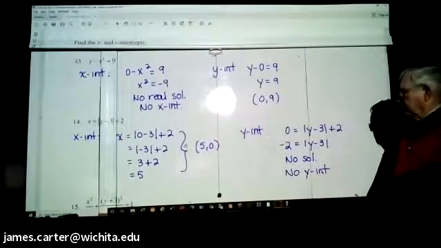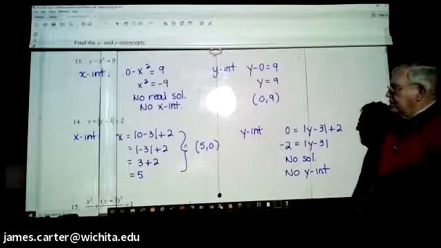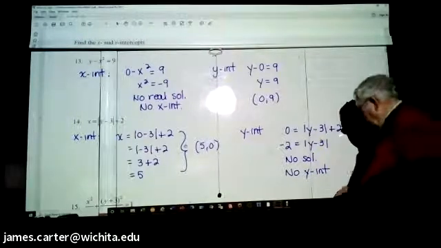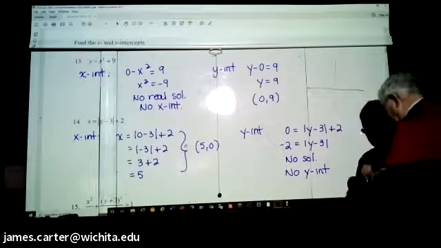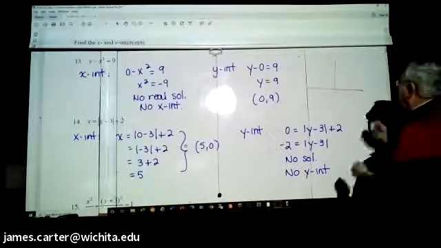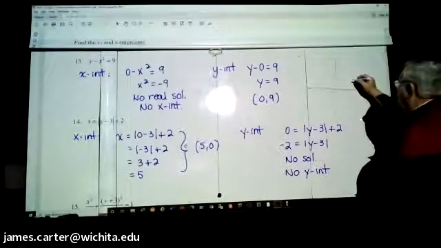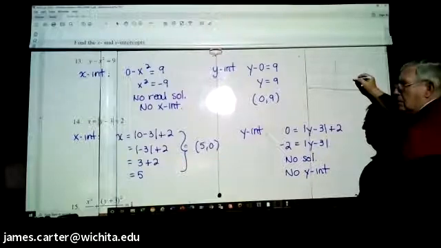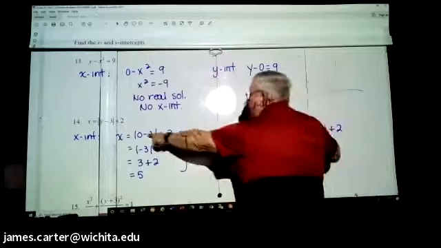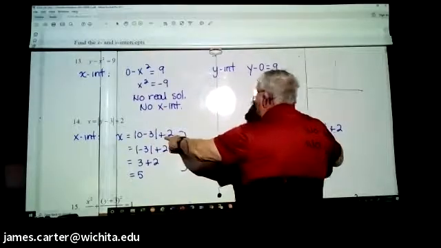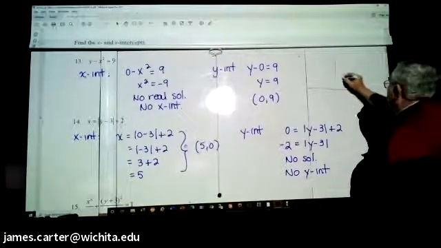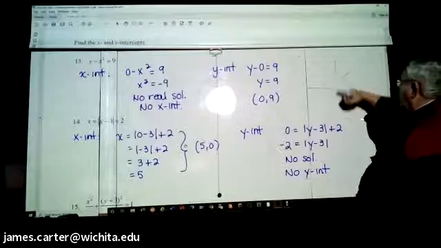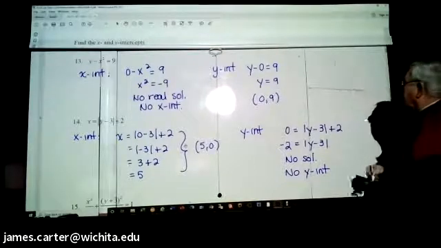There is no y-intercept. So in this case, here's the graph paper, and this particular graph is going to be 3 to the right and 2 up, 3 to the right and 2 up. So this one is going to look like that, and it never crosses the y-axis.